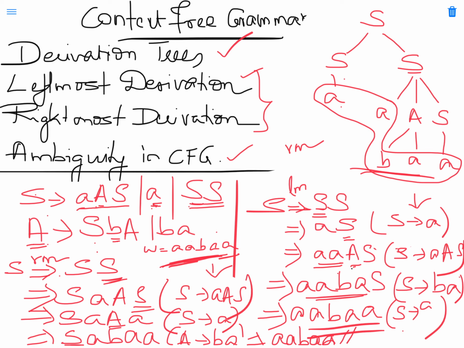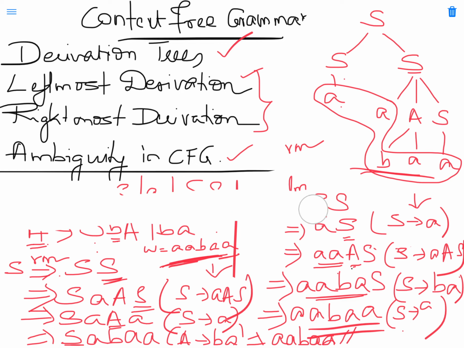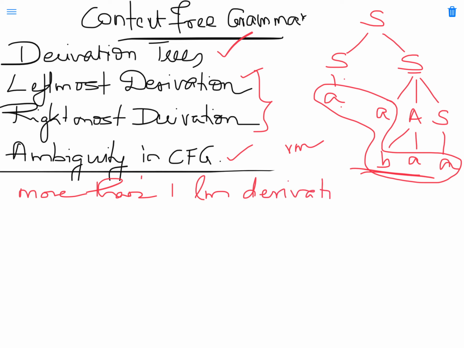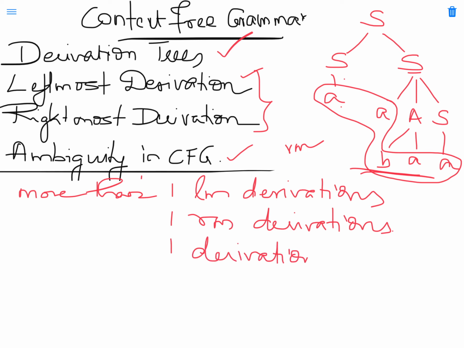So a grammar is said to be ambiguous if there exists more than one leftmost derivation, more than one rightmost derivation, or more than one derivation tree.